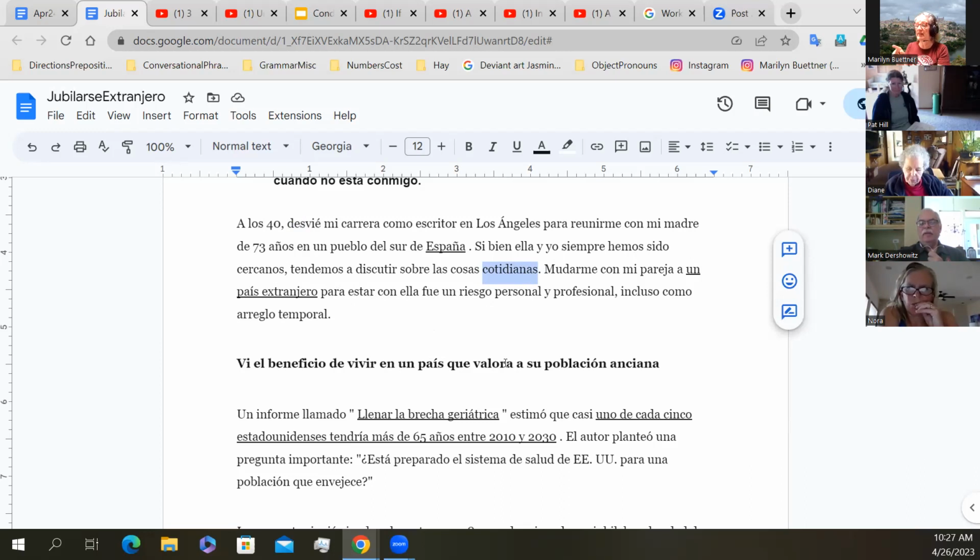That actually, cotidiana, is a good word to put in your pocket to use. The dia in that is really well hidden. Yeah. Las cosas cotidianas, the daily, to talk about daily things. Daily things. Cotidiana is the everyday stuff. Day in, day out, day in, day out.